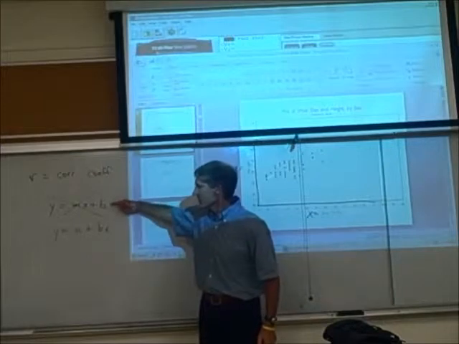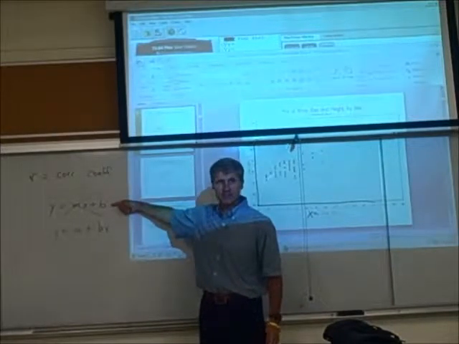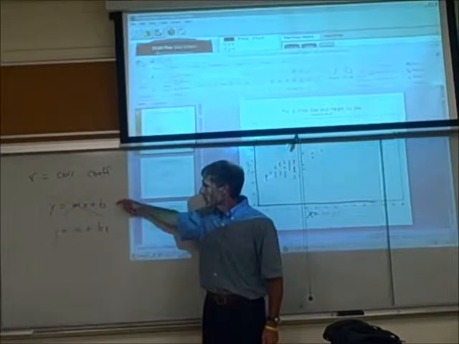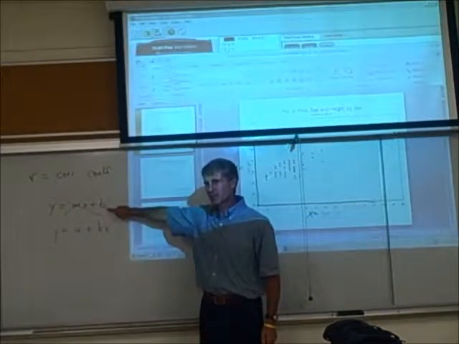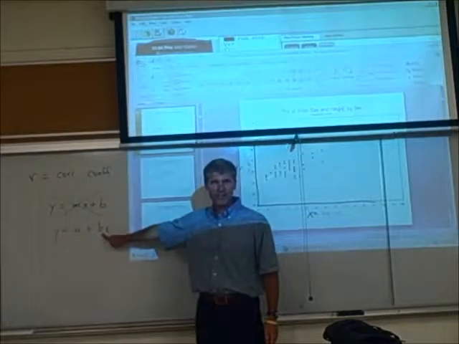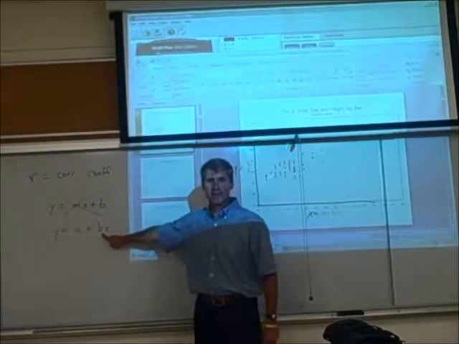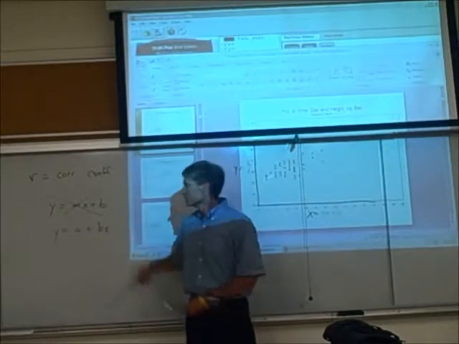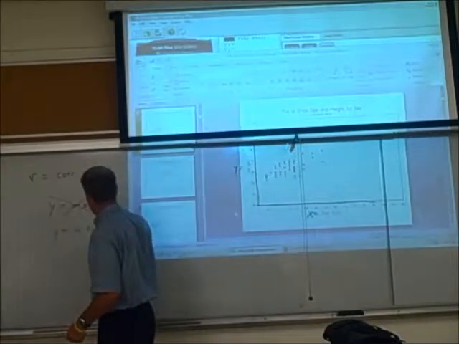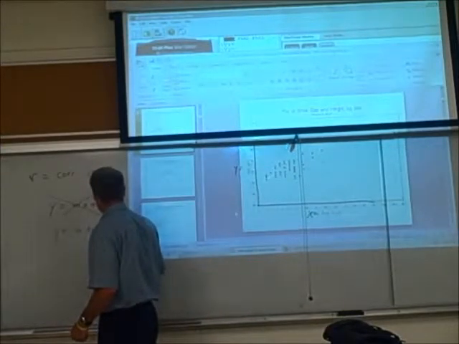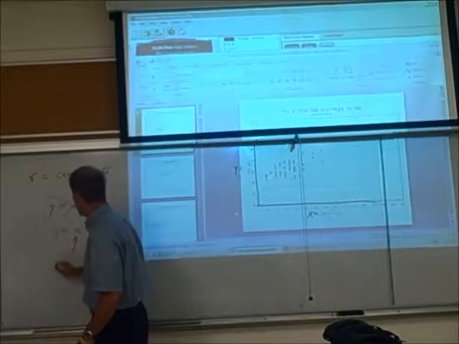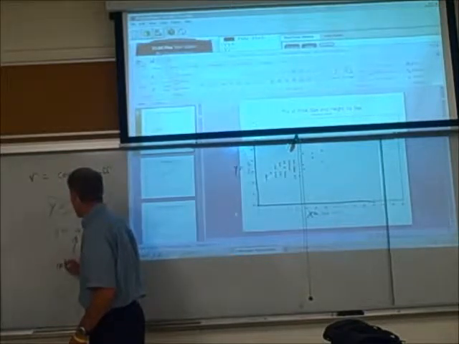This is the same form of a line as this. It's the slope-intercept form of a line. Here, b was the intercept. Now, what is b? It's the slope. How do I know it's the slope? Because it's the one that's multiplied by x. So b is the slope of the line, and a is the intercept, the y-intercept.